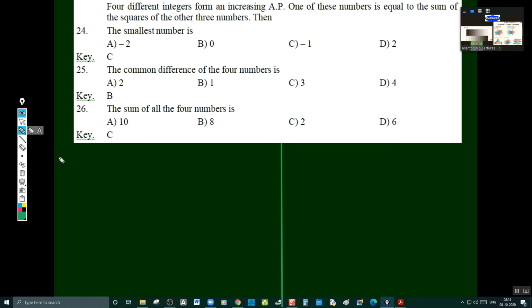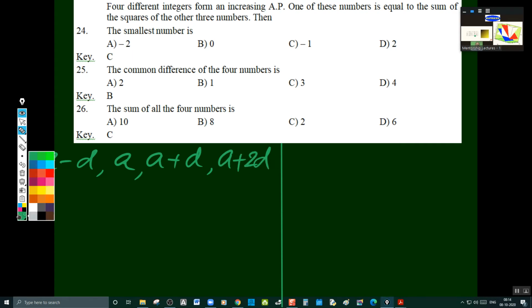Four different integers form an increasing AP. One of these numbers is equal to the sum of the squares of the other three numbers. So, let me take the four integers as a minus d, a plus d, a plus 2d.